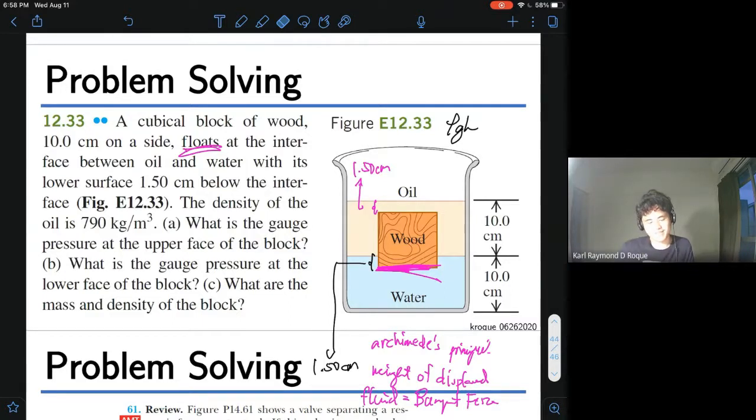Good job. Sige, 2 minutes. O sige, 3 minutes pa. O 5 minutes pa. Sige, 5 minutes.